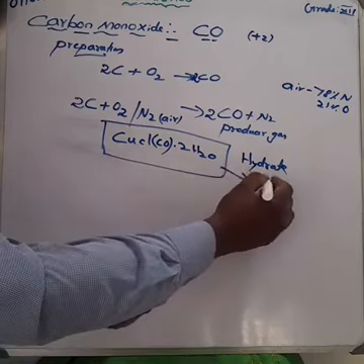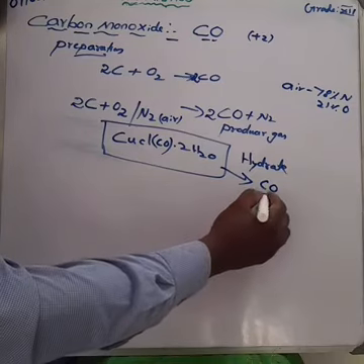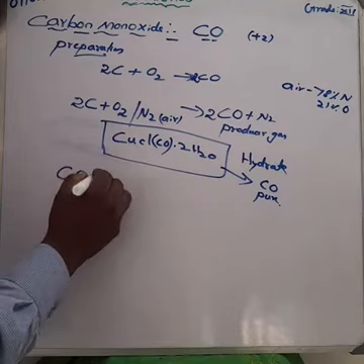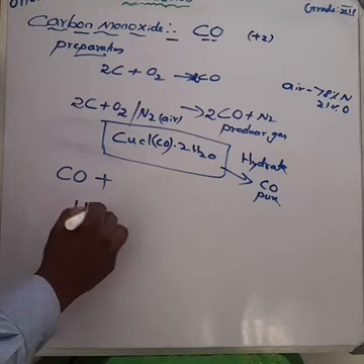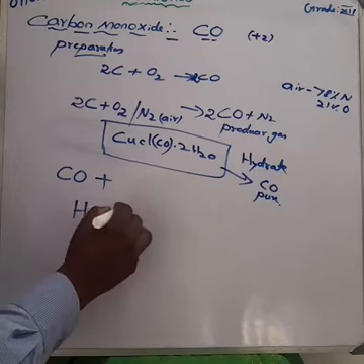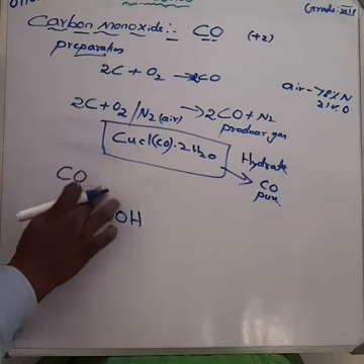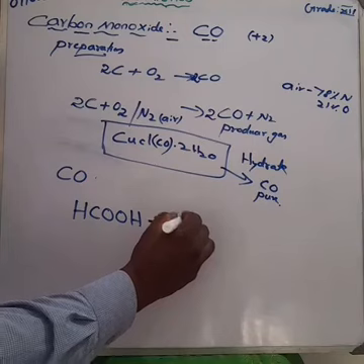That is one method. And another important method, carbon monoxide can be prepared from methanoic acid. Methanoic acid is an acid, you know that one. What is the formula? HCOOH. Carbon monoxide is also prepared from methanoic acid by warming with concentrated sulfuric acid.